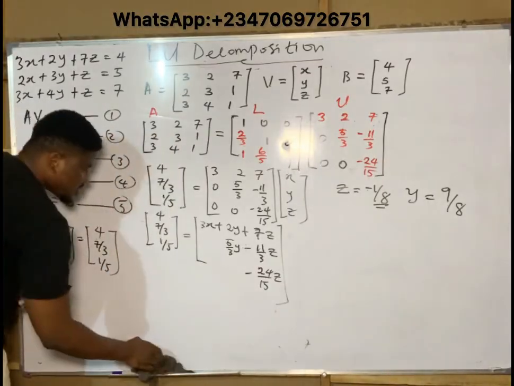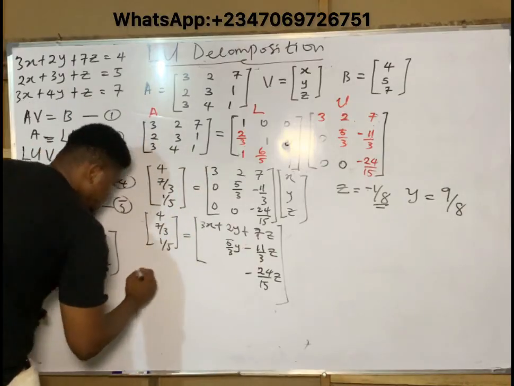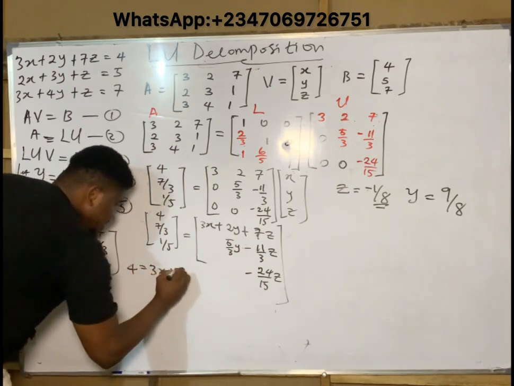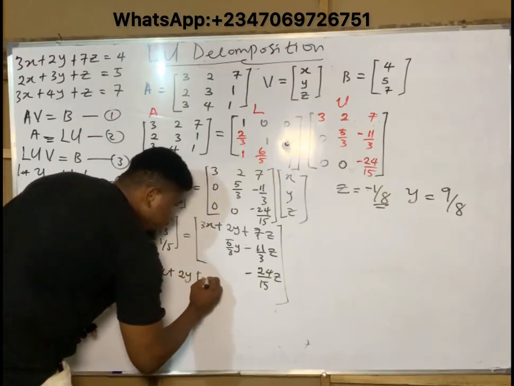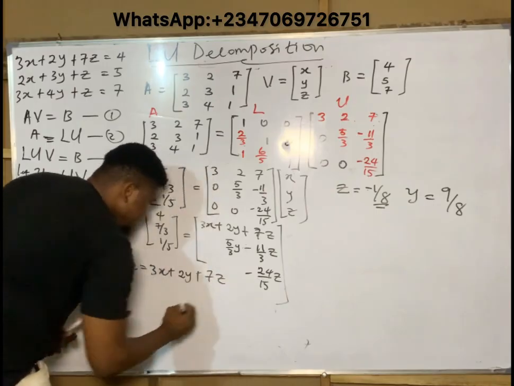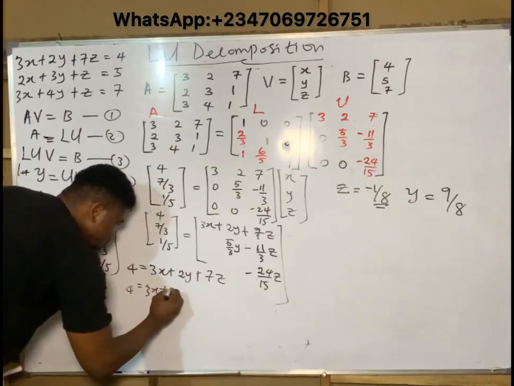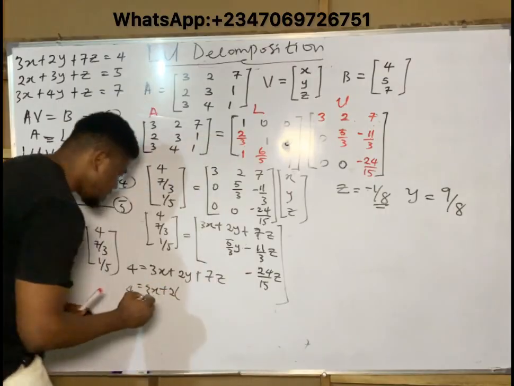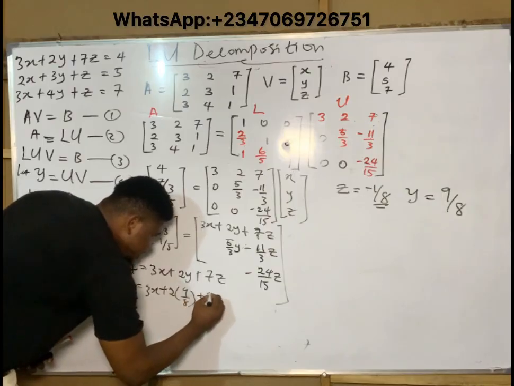Okay. Finally, we'll move now to the first row. 4 is going to be equal to 3x plus 2y plus 7z. So 4 is equal to 3x unknown plus 2y. Y is 9 over 8, so 2 times 9 all over 8 plus 7z.